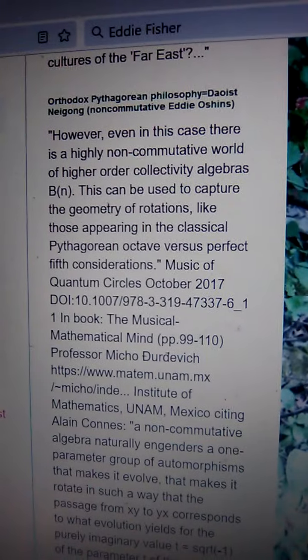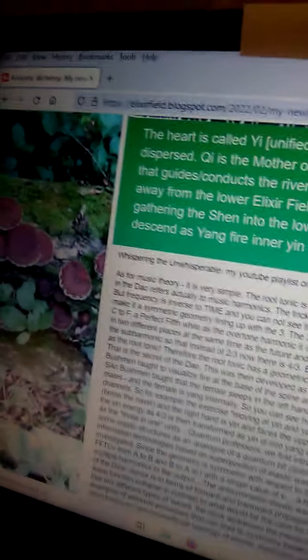So I have the math professor Micho Durdovic. He's quoted saying it's Pythagorean, transpositions based on the perfect fifth that's non-commutative.